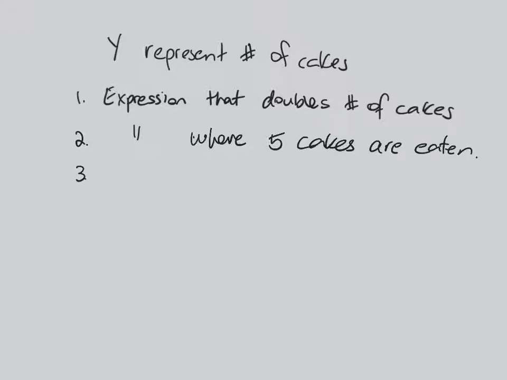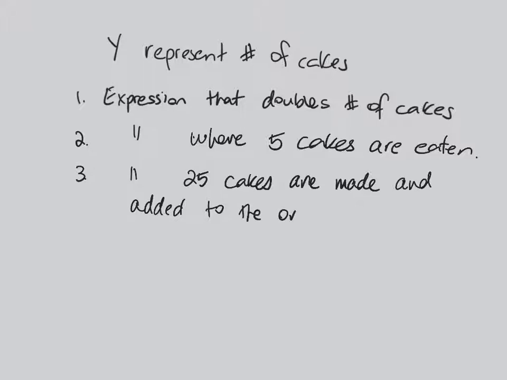Okay, and then 3, write an expression where 25 cakes are made and added to the original amount. Okay, so what I'd like you to do is have a go at these, and you should have 3 expressions that indicate what's happening with these cakes.